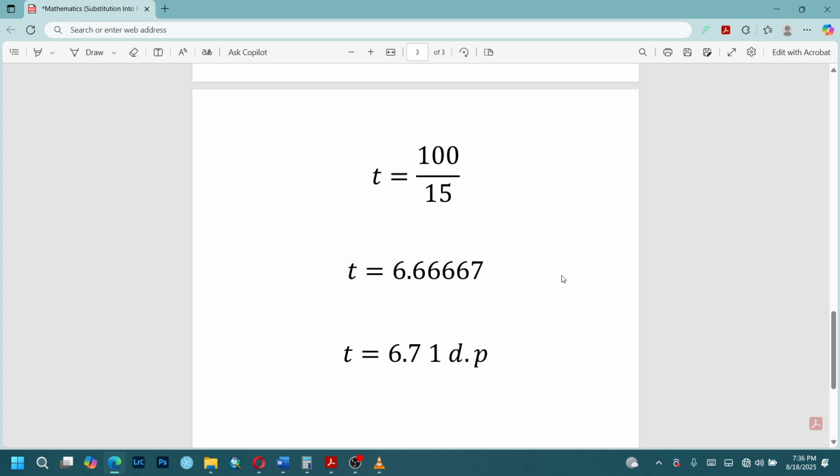So leaving our answer in one decimal place, we are going to have t equals 6.7. That is to one decimal place, right? So that's our final answer, 6.7 in one decimal place.